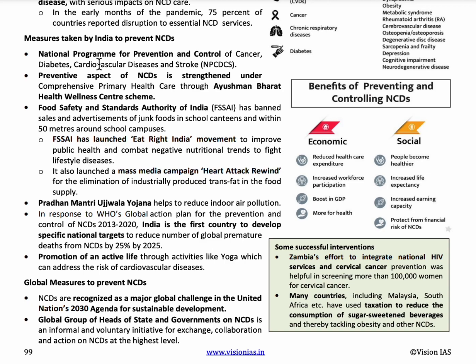And Food Safety and Standards Authority of India has banned the sales and advertisement of junk foods in schools, canteens, and within 50 meters around school campuses. FSSAI has also launched the Eat Right India movement. And the government is also promoting activities like yoga to address the risk of cardiovascular diseases.